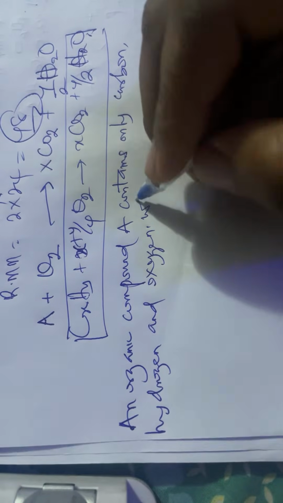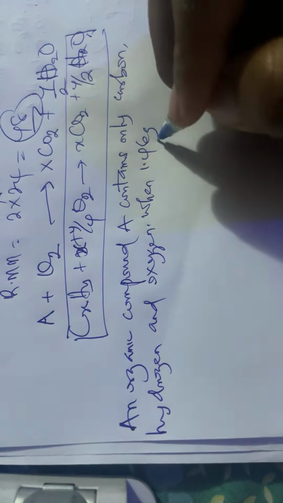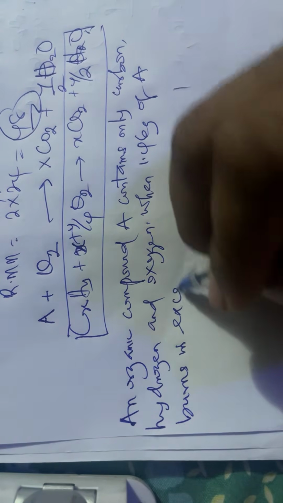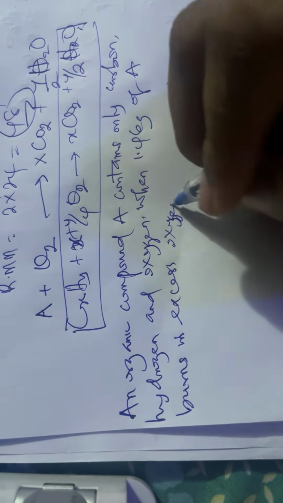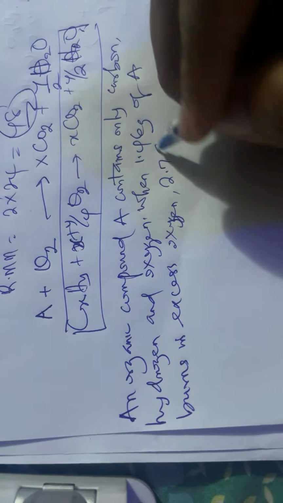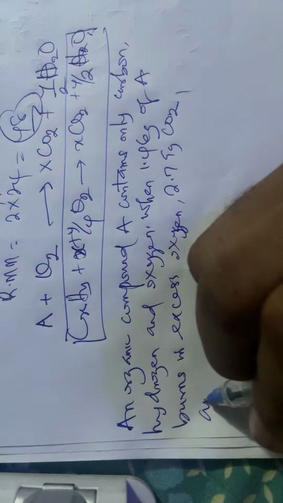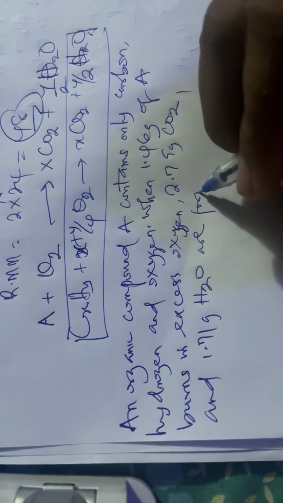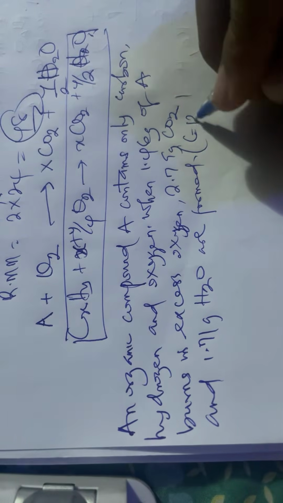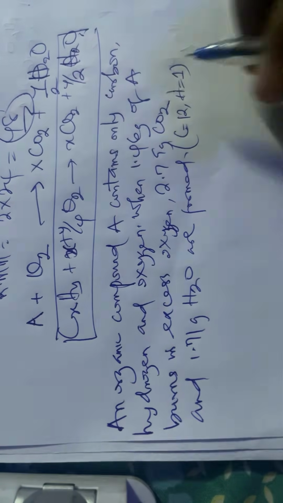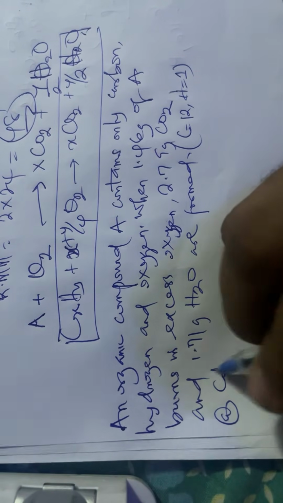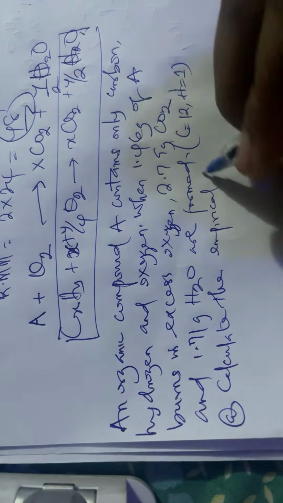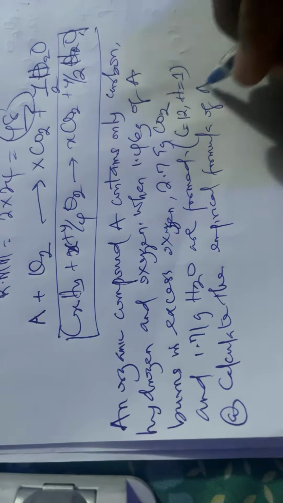When 1.46 grams of A burns in excess oxygen, 2.79 grams CO2 and 1.71 grams H2O are formed. Carbon is equal to 12, hydrogen is equal to 1. The question is: A, calculate the empirical formula of A.